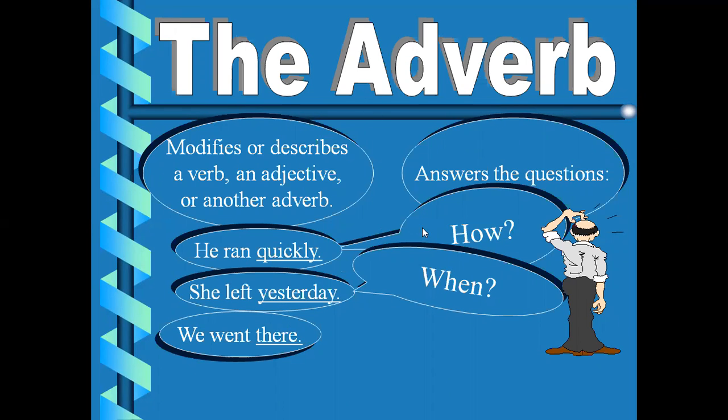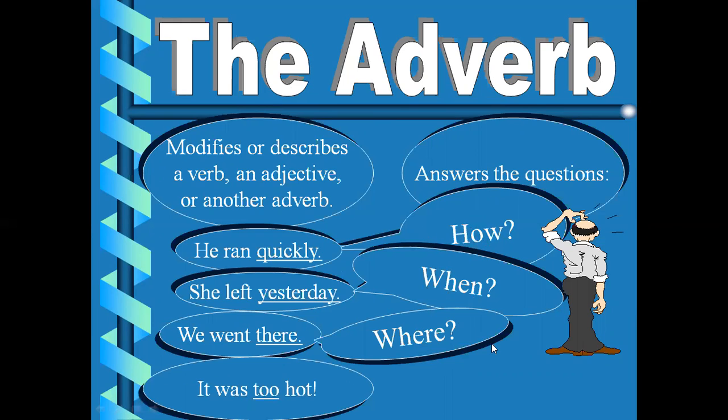So when the word answers one of these questions, how, when, or where, this word will be an adverb, because the adverb describes a verb or answers the question words how, when, and where. It's too hot.